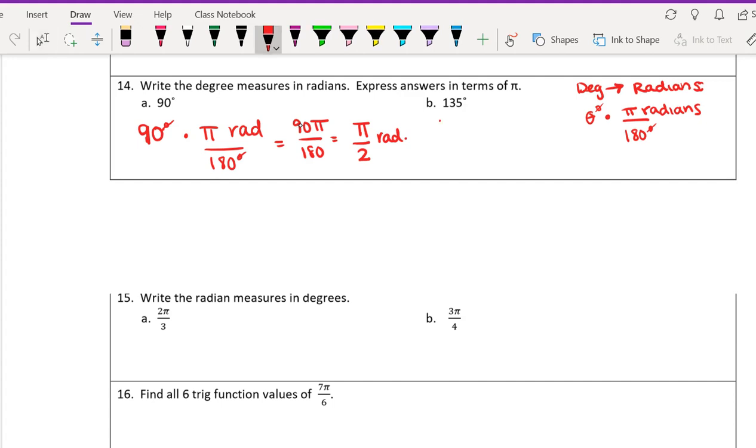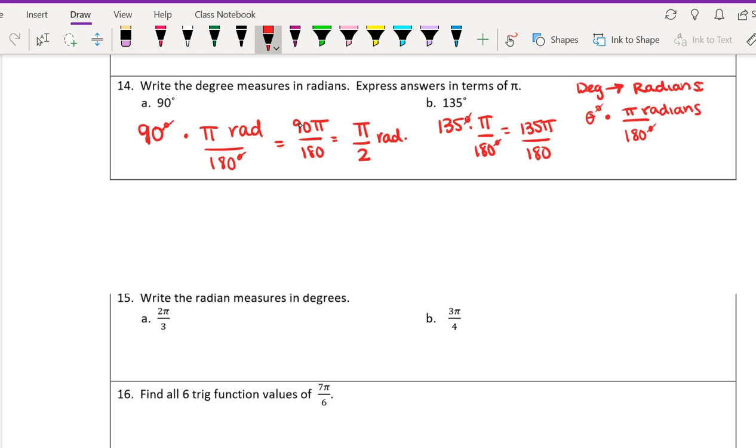135 degrees. If I take 135 degrees times pi over 180, the degrees cancel, and I'm going to take 135 pi over 180.